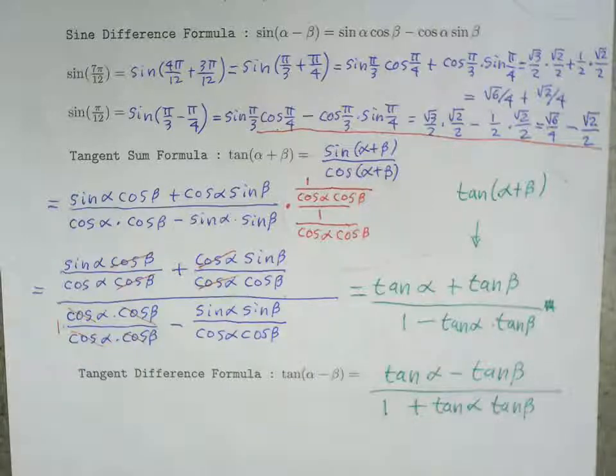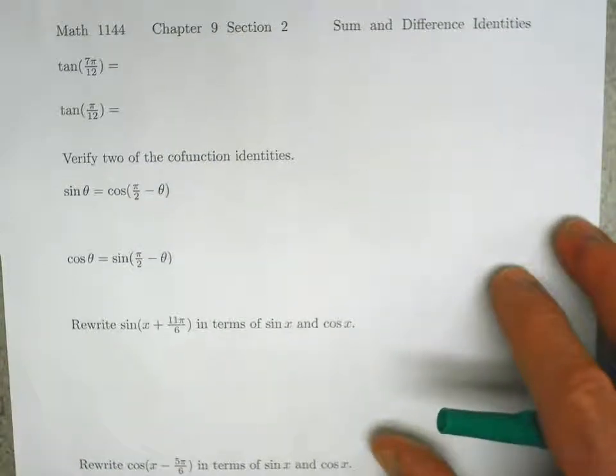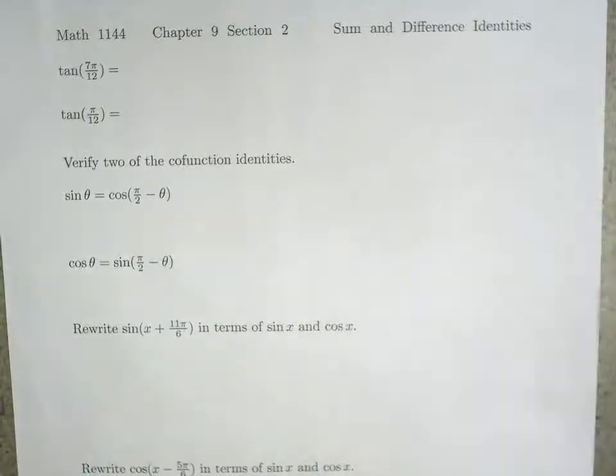Okay, we'll do a couple of examples where we demonstrate how to use the tangent sum formula and the tangent difference formula. So we'll start with evaluating the tangent of 7 pi over 12.